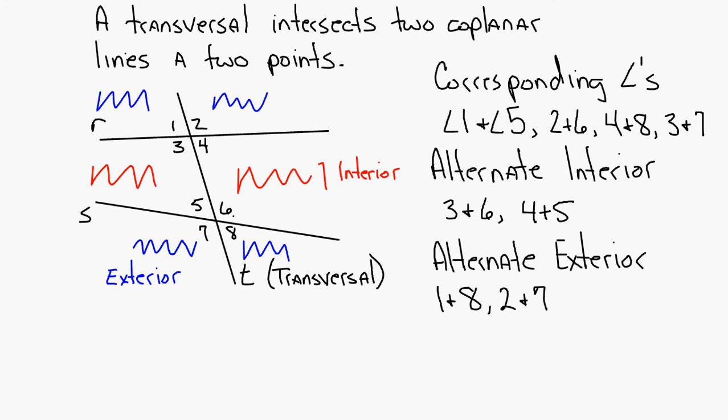All right, and the last pair, we're going to call them same side interior. That definition is self-defining, isn't it? Same side of the transversal in the interior region. So 3 and 5 would be one pair, and then 4 and 6.